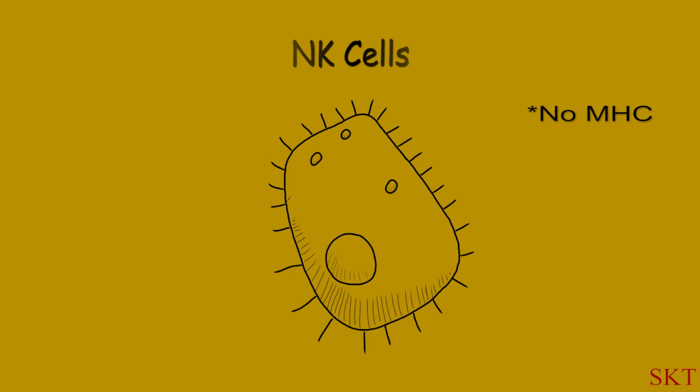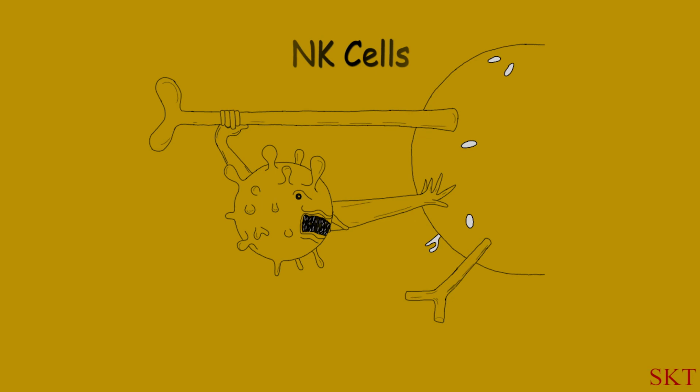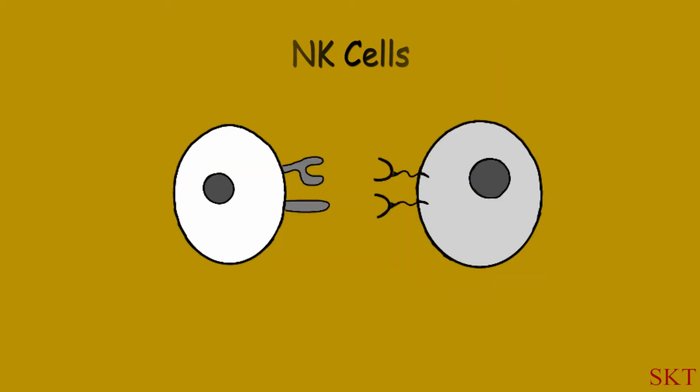So what if a normal cell in a human body is infected with a virus? These cells do produce MHC molecules, but how do NK cells recognize these virus infected cells and kill them? So let us look at that. When a normal cell is infected with a virus, it does not produce the normal MHC proteins.